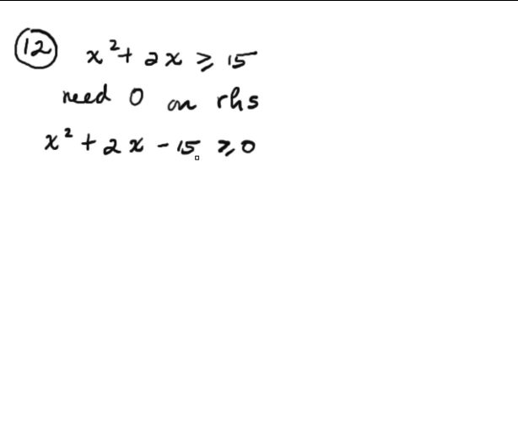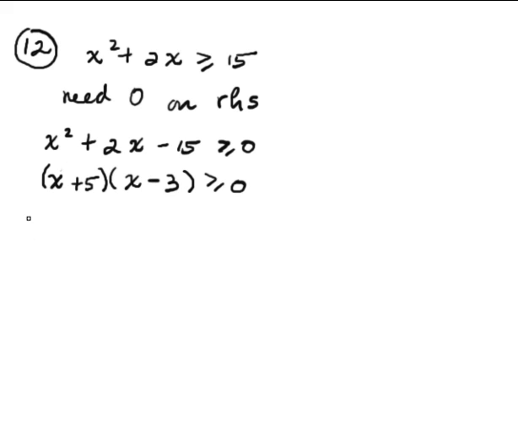And now to figure out where this expression is 0, we'll need to factor it. So this factors into x plus 5 times x minus 3. Okay, just check that middle term. 5x and the minus 3x is a 2x. All right, so the zeros of this expression on the left are minus 5 and 3.